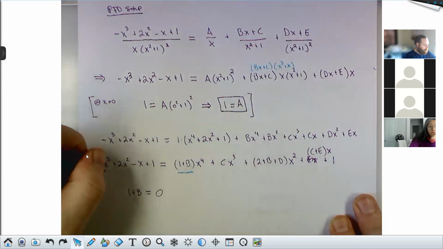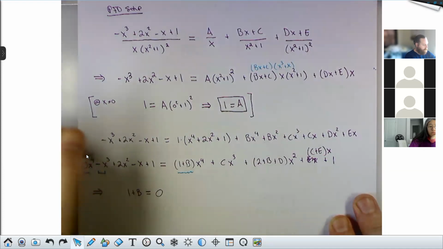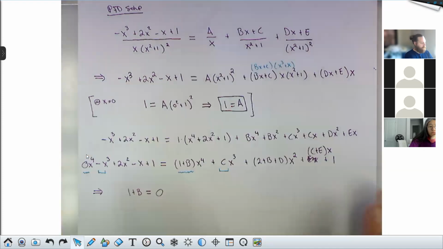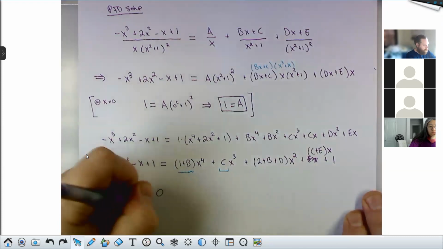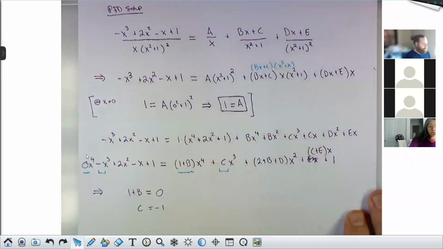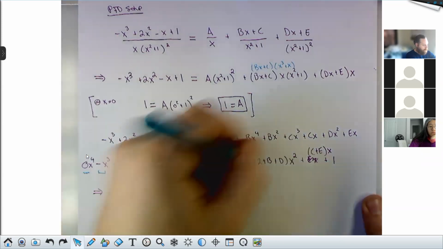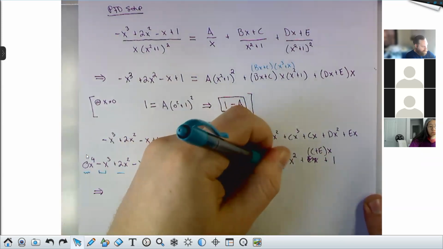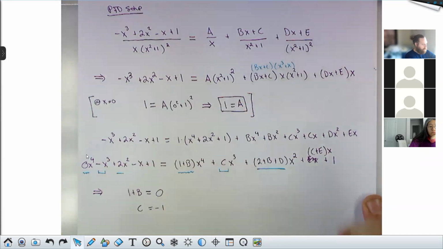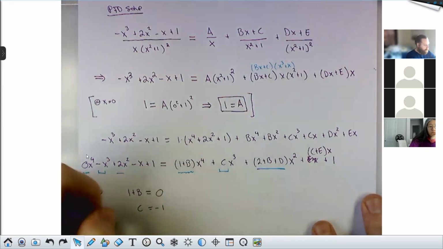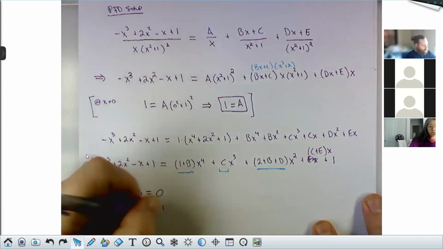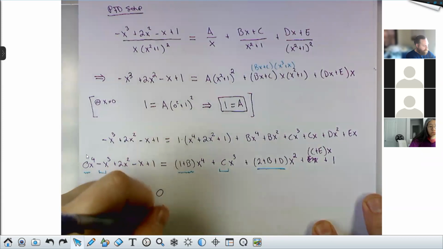The next piece I'm going to look at are the coefficient of x cubed, which on the left-hand side is -1, and on the right-hand side is c. So c equals -1. Then the coefficients of x squared. I have 2 plus b plus d, and on the left, I just have 2.